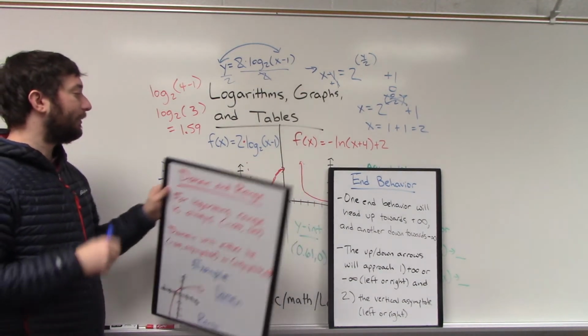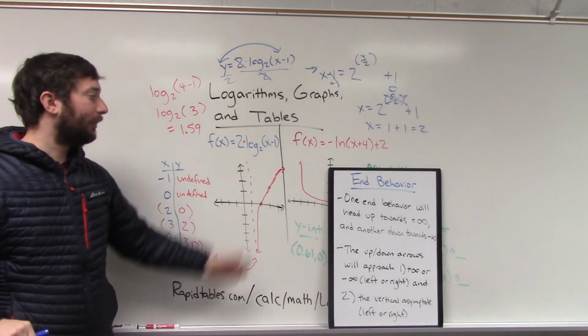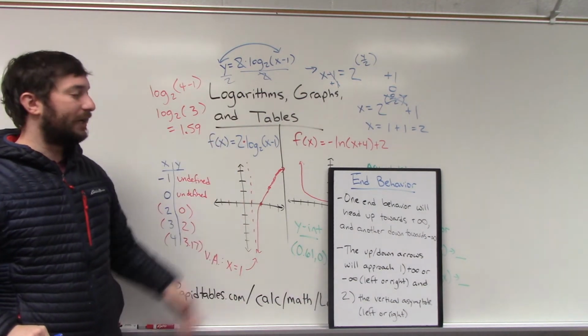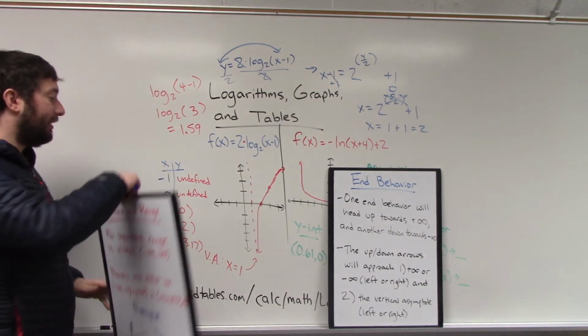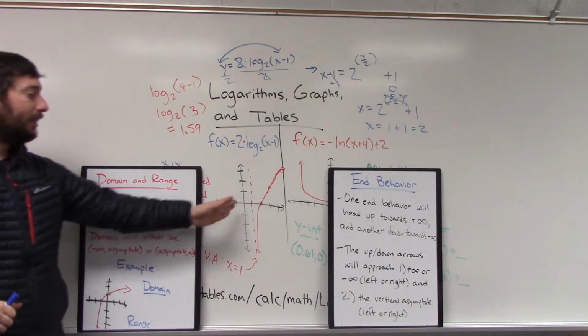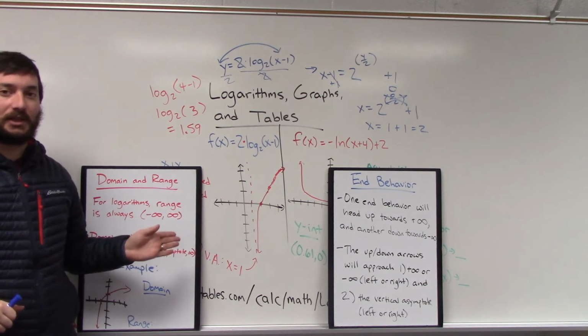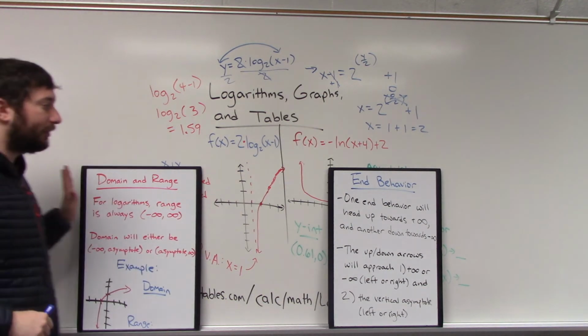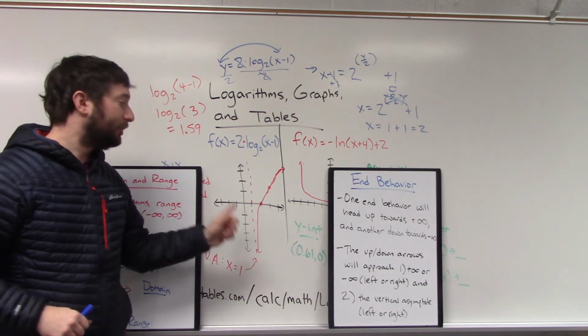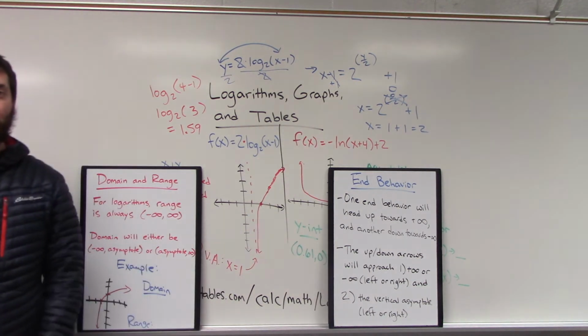Go back to our graph that we just created. The graph shows up everywhere up and down here, right? The range is up and down forever, negative to positive infinity. The domain, however, is restricted. The graph does not show up on the left side of the page. Domain refers to where the graph shows up, left to right. It doesn't show up everywhere. It shows up everywhere after 1.